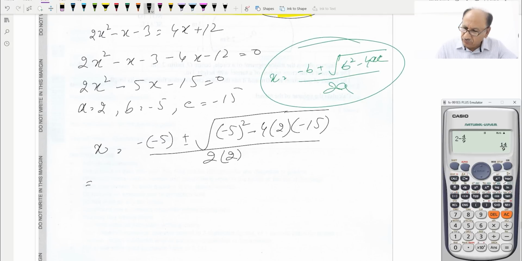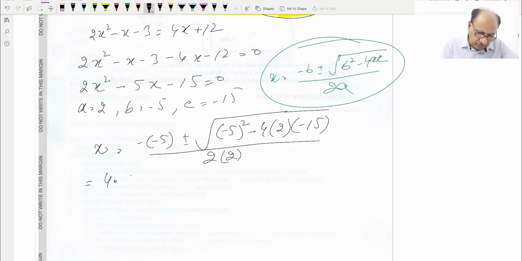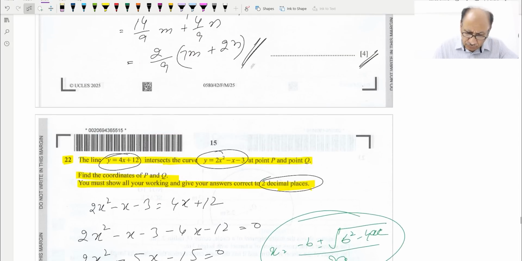This will be fraction minus into minus 5, and plus we can take first, and then we'll be taking minus. So in brackets minus 5 and square, and minus 4 into 2 into minus 15 bracket close over, this will be 2 into 2, and this is giving us decimal value 4.26, 4.26 up to 2 decimal place.